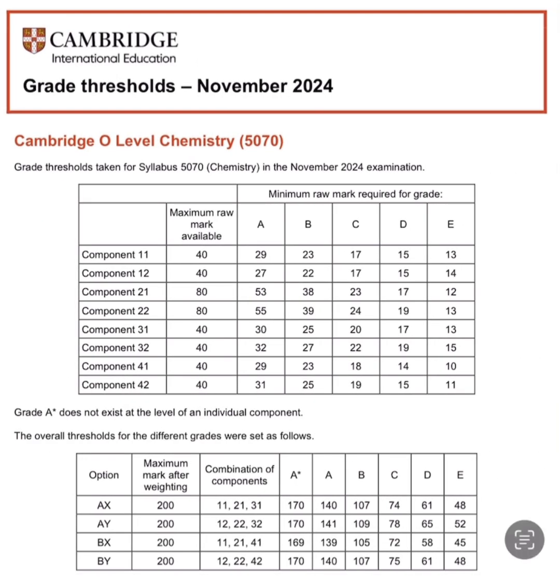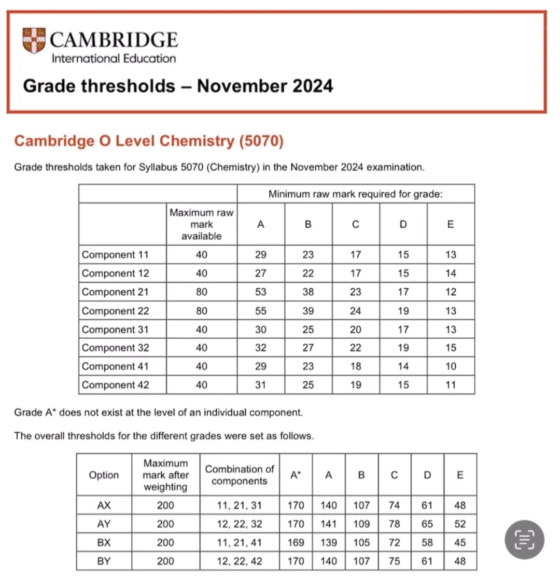Next subject is O-level chemistry. O-level chemistry has four components, but you go for three components like P1, P2 and P4. P4 is ATP, P1 is MCQs and P2 is theory, and your components would be 12, 22 and 42.